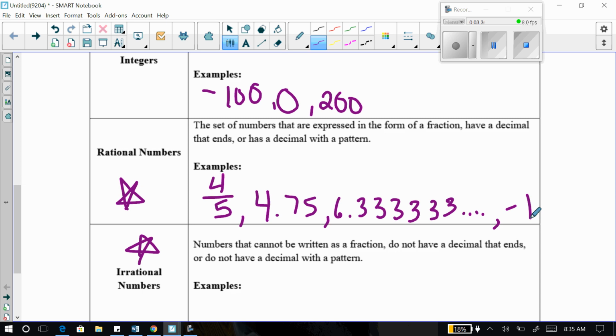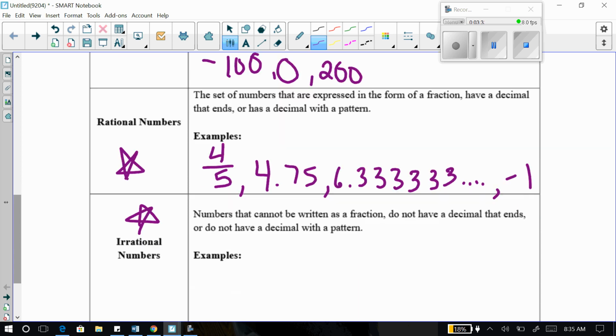An irrational number cannot be written as a fraction, does not have a decimal that ends, and does not have a decimal with a pattern. So something like 6.2513 dot dot dot. There's no pattern to that. It's just a bunch of random numbers after the decimal point.